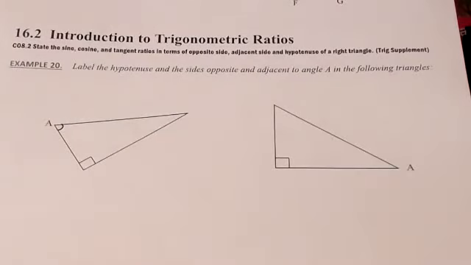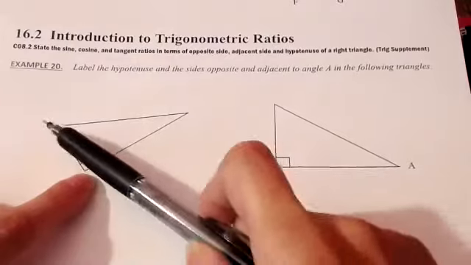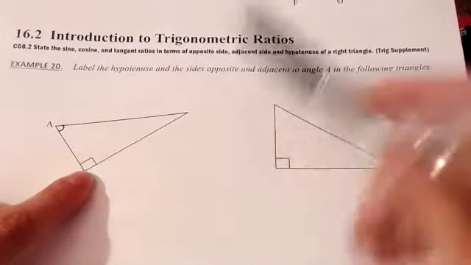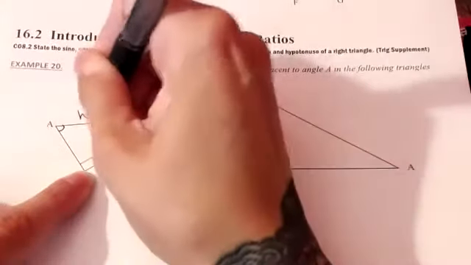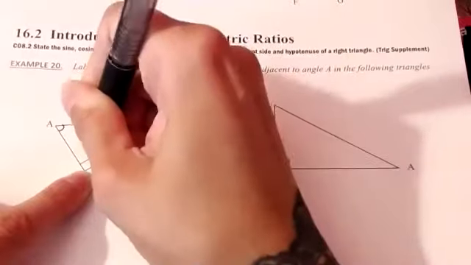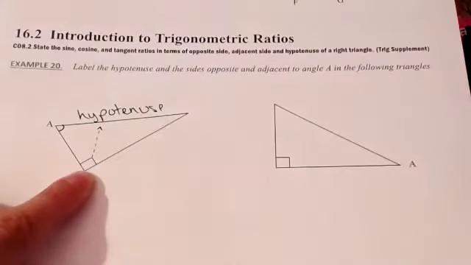No matter what, remember everyone that the side opposite the 90-degree angle, you see how this side is opposite this 90-degree angle? This will represent our hypotenuse, no matter what. And if it helps, you can even draw an arrow that shows that this side is opposite the 90-degree angle, so it has to be the hypotenuse.